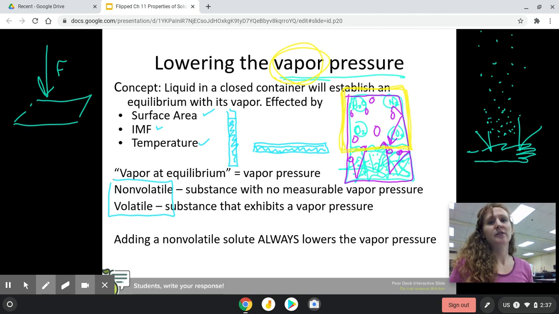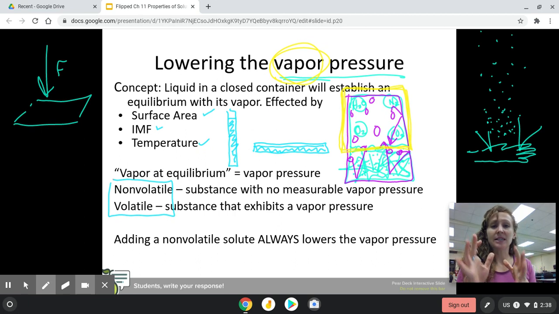Vinegar is fairly volatile. That liquid is going to escape into the gas phase fairly easily, and our evidence that it escapes is that we smell it. Ammonia is going to be a volatile solution. You're going to smell it and it's going to be a super strong smell.